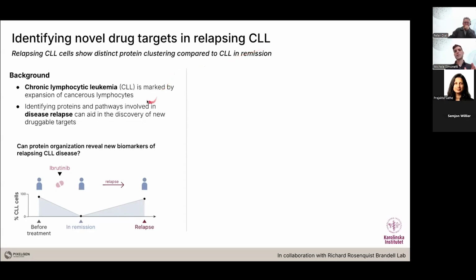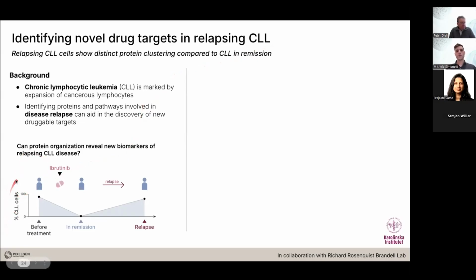So the background is that CLL actually is marked by expansion of cancerous lymphocytes, and identifying proteins and pathways that are involved in the disease relapse can aid the discovery of new druggable targets. So the question is, can protein organization reveal new biomarkers of relapsing CLL cell disease?